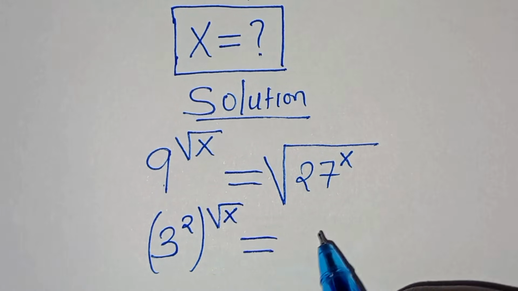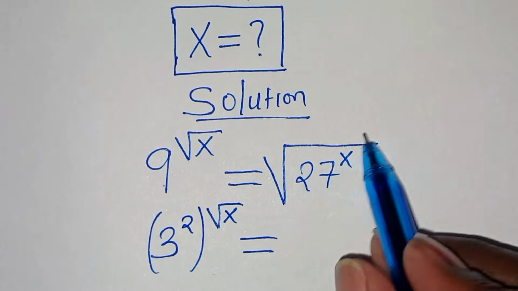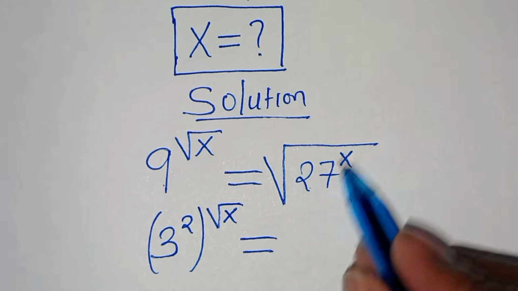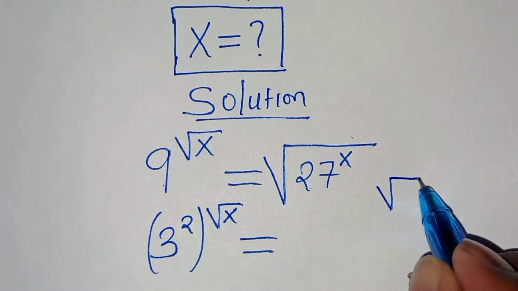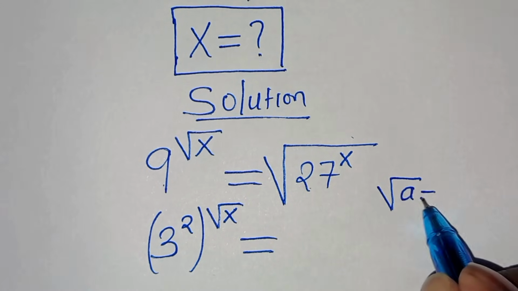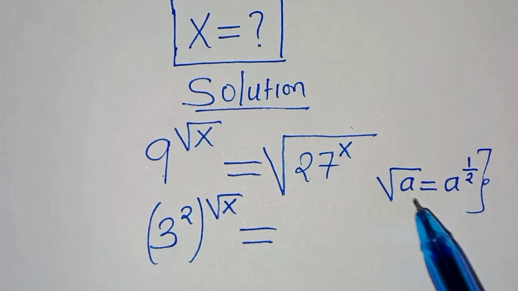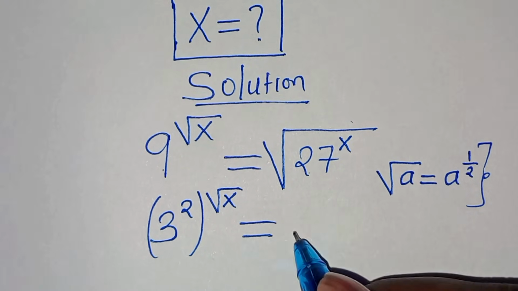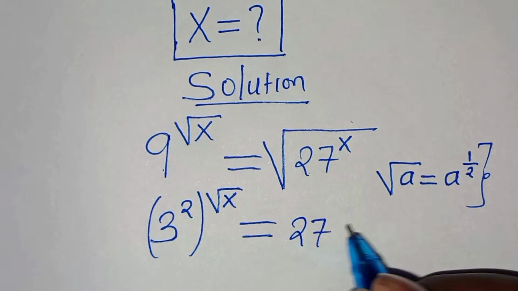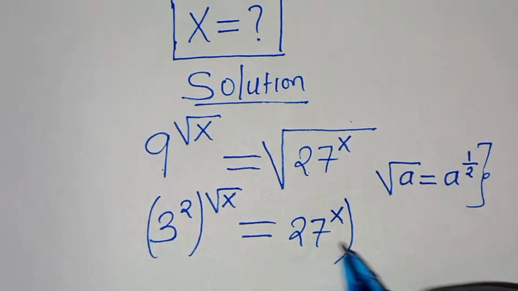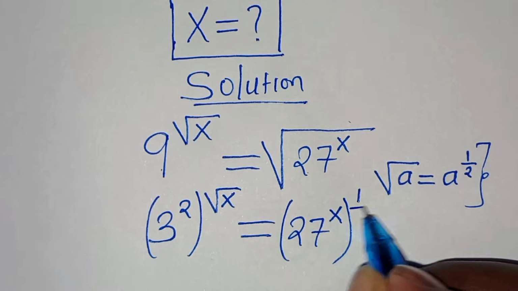This is equal to the square root of 27 to the power of x. Remember, this is in the form of square root of a, which we can express as a to the power of 1 over 2. Applying this property, then we have 27 raised to the power of x, then raised to the power of 1 over 2.